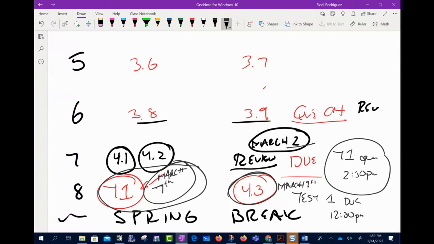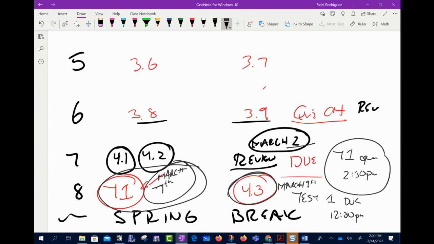I'm going to do the same thing for the quiz from chapter 3. Now, when I make the review for the test, I'm going to be able to go back and pick problems that I already gave you for homework in chapters 2 and 3. Does that make sense? So when you do your review, these are problems that you've already seen in your homework.